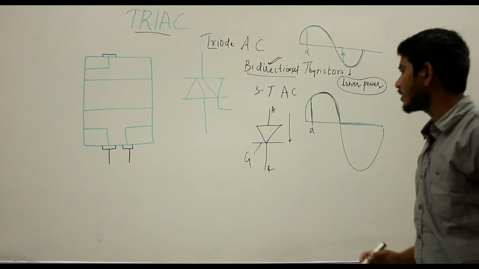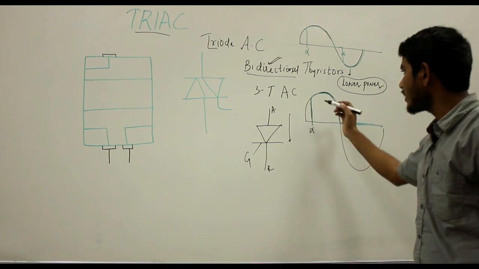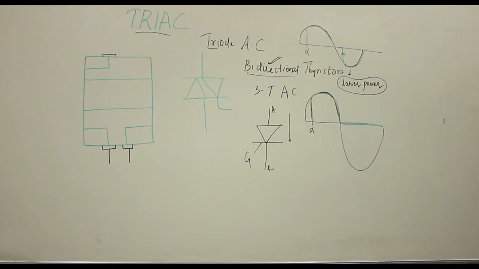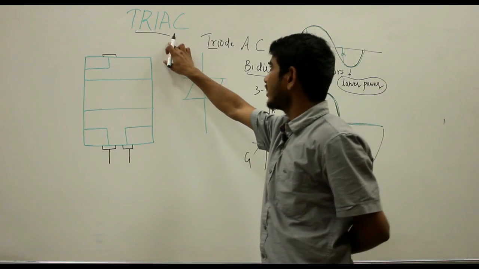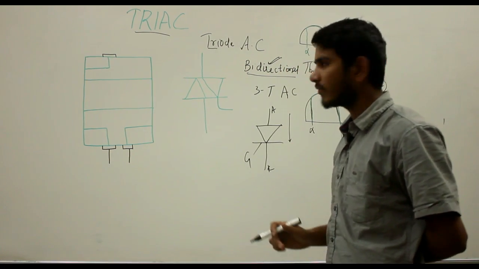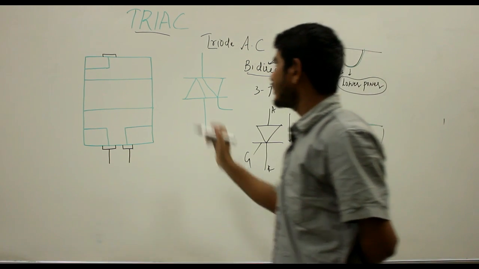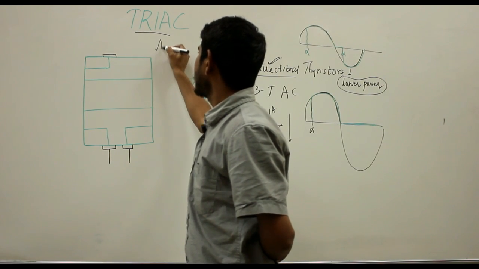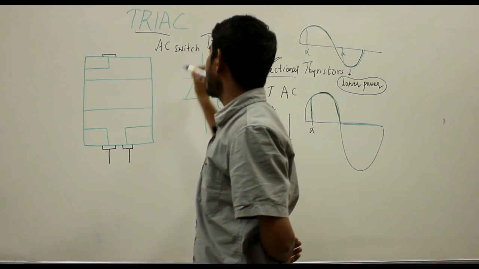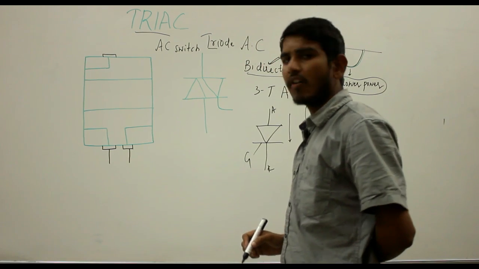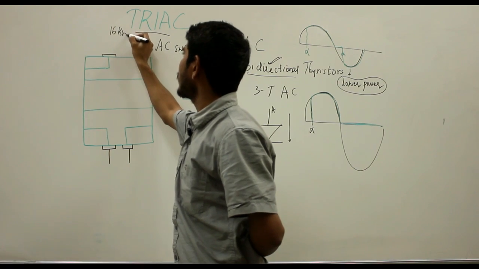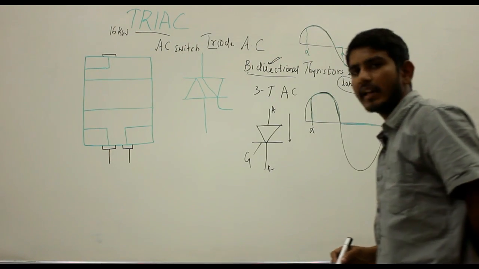If you use your SCR, it is a unidirectional device and has control over only one half of the cycle. As the Triac is able to control the current in both halves of an alternating cycle, it is effectively used as an AC switch, and the maximum rating of the Triac available in the market is 16 kilowatts.